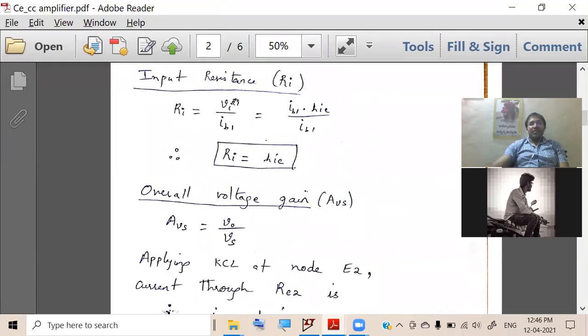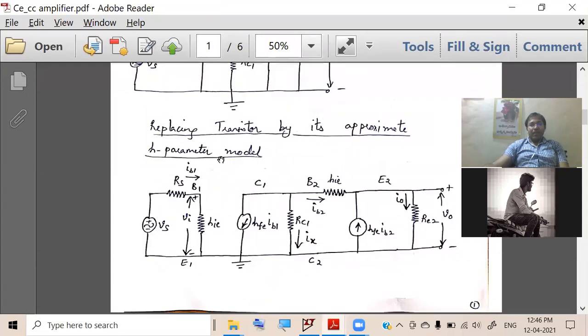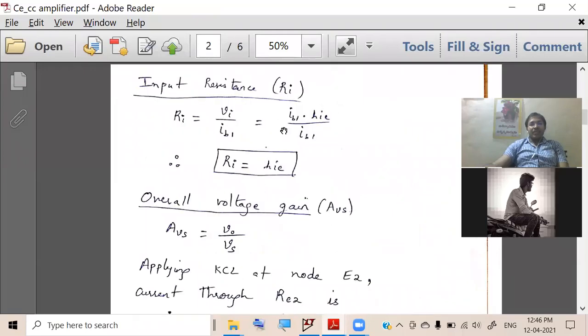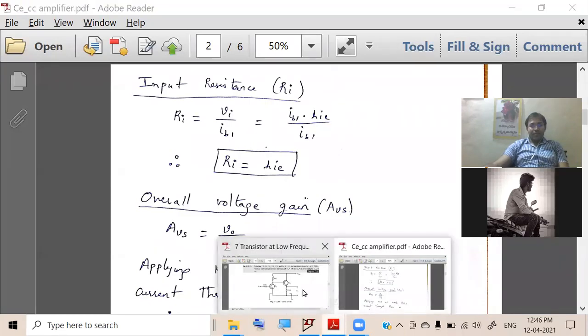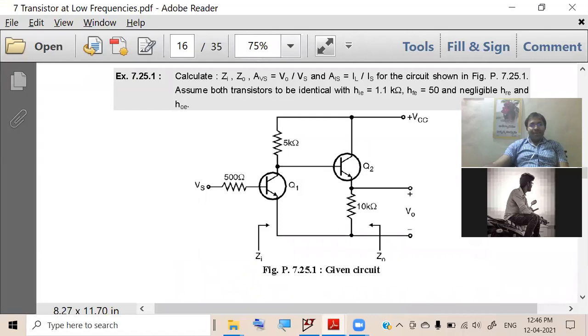RI is VI by IB1, input voltage divided by input current. Ohm's law, input voltage is HIE into IB1. IB1 cancels. RI is simply HI. RI, ZI same. So what will ZI be here?